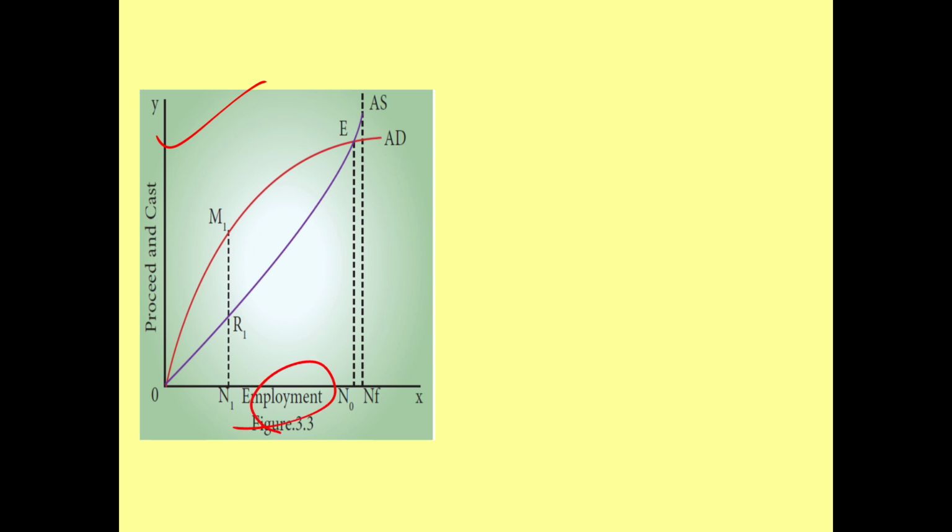The red line denotes aggregate demand, and the blue line represents aggregate supply. Now look at point E. E is the equilibrium point where income and employment are equal. Now can you see NO and NF? It is the level of unemployment.